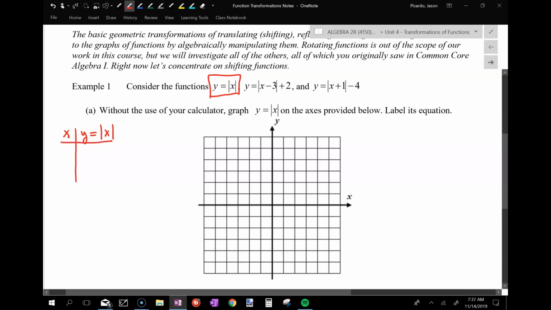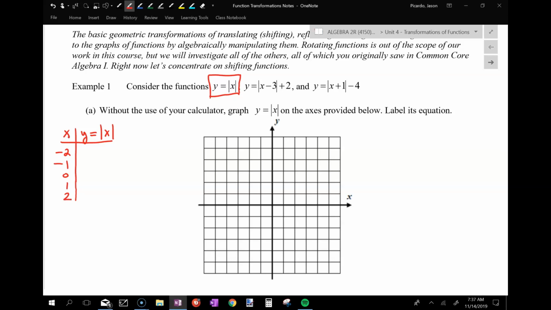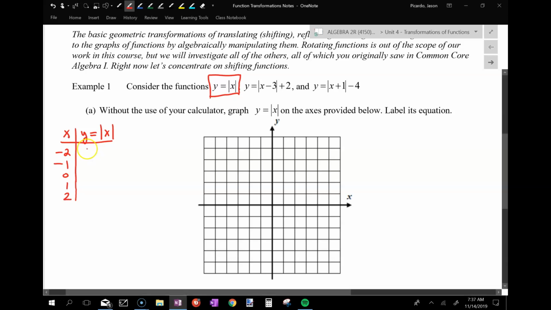And if I just picked 5 values, and I said, guys, what's the absolute value of -2? 2. -1, 1. 0, 0. 1, 1, and 2, 2.